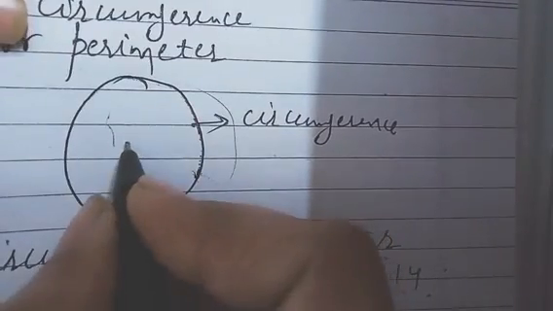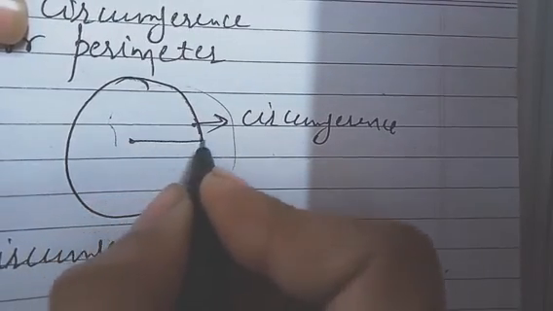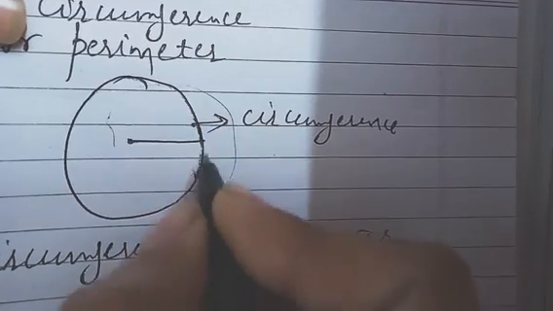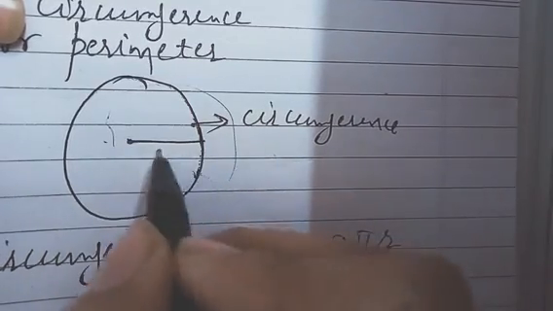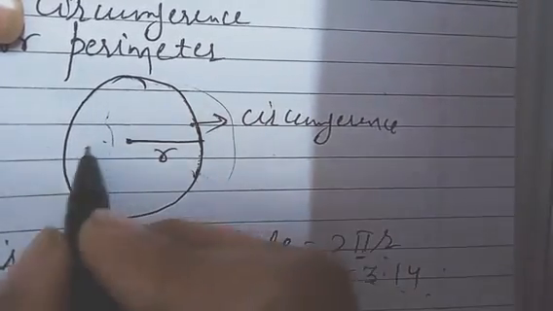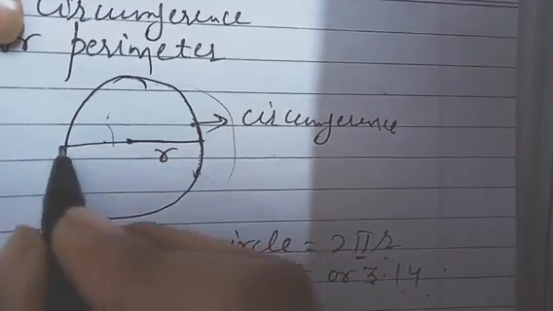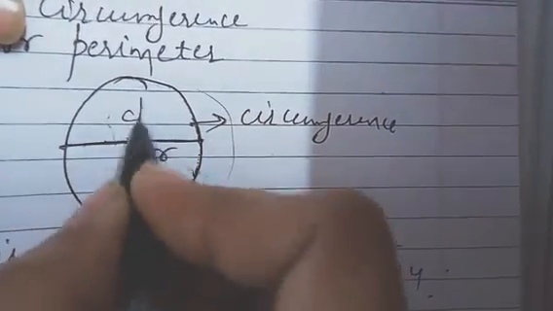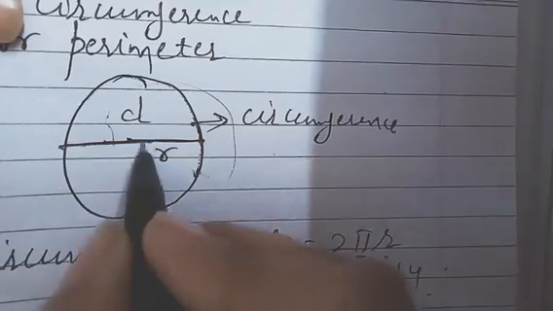See, for example, this is a circle. From the center to the side, that is called the radius of the circle. If you make this full line, that full line is called the diameter of the circle.